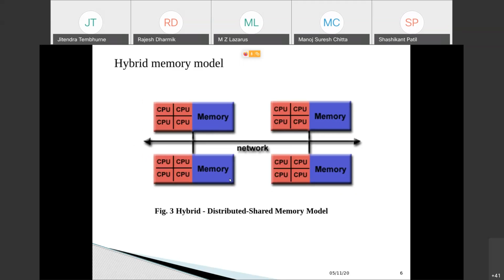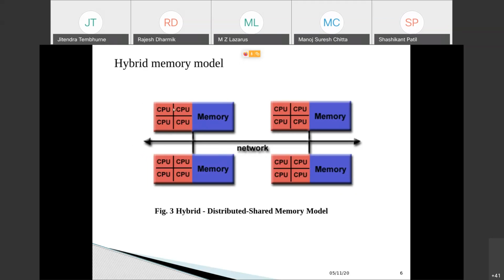Now moving further, the hybrid. Moving further, it is the hybrid model. Hybrid model means it is a combination of what we have seen. Whatever you get nowadays is hybridized.